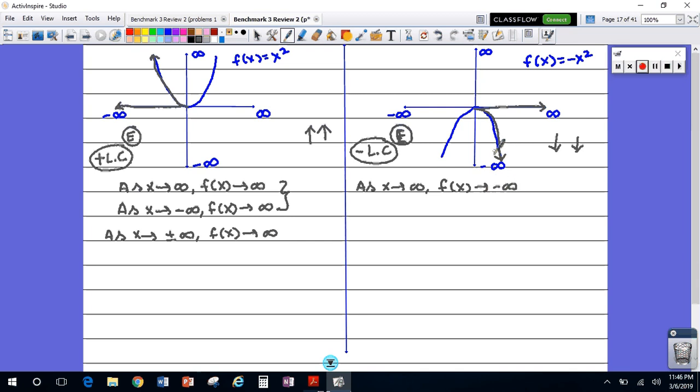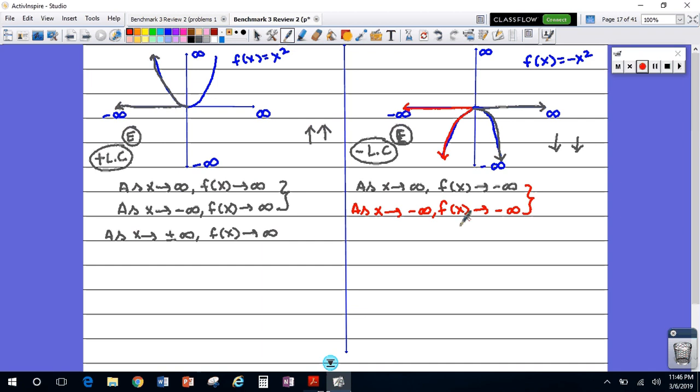If you move in the opposite direction, towards the left, that is as x tends to negative infinity, what is happening here? The curve is coming down. It means it is going towards negative infinity. So your f of x tends to negative infinity.